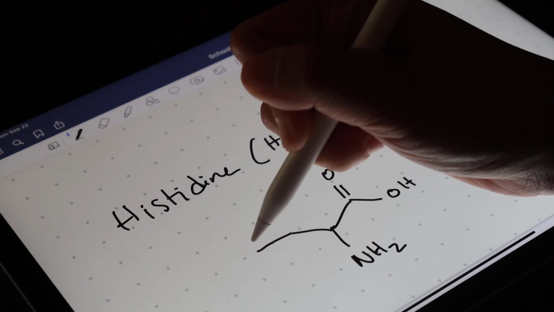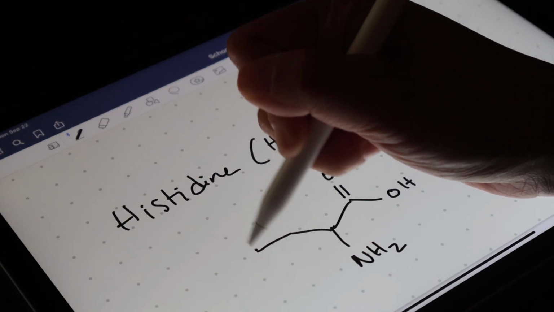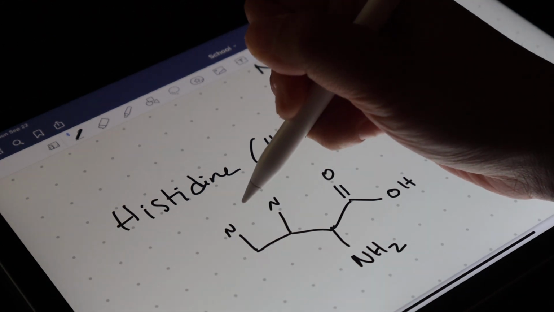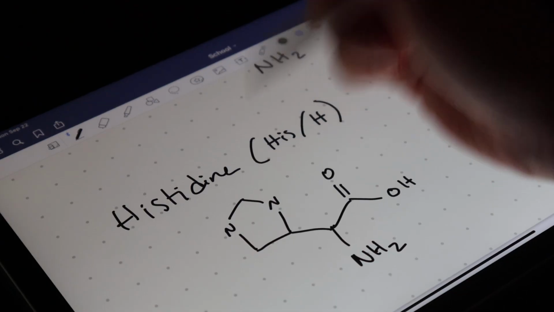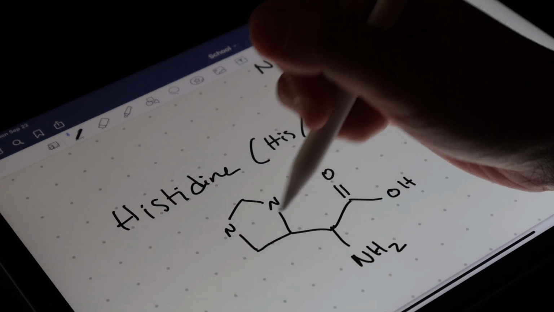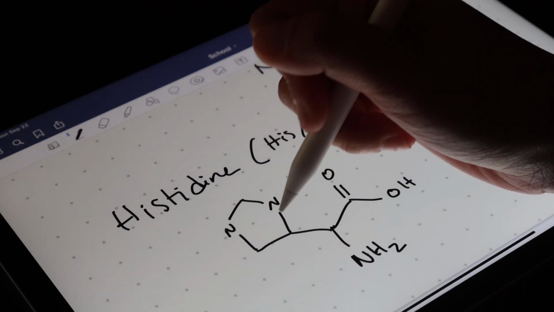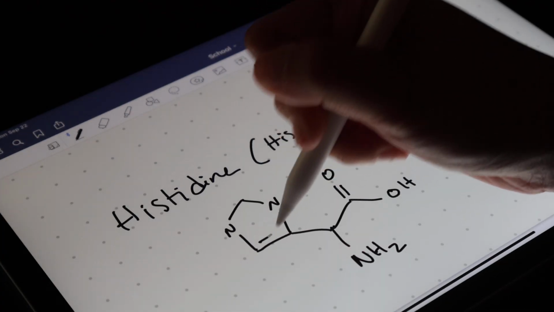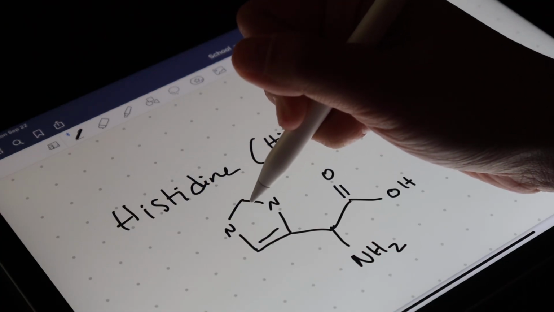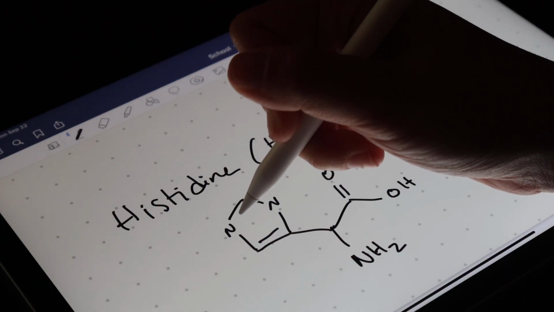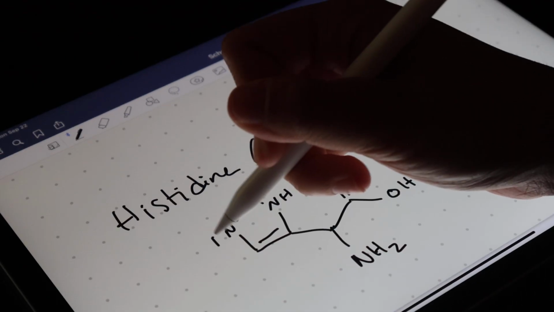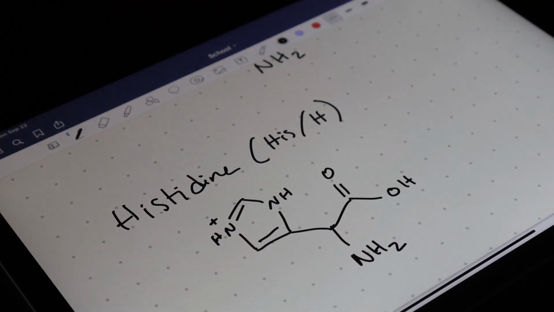I'm gonna go this way with it. Not the best drawing, but we will have a double bond there, and then this one also going to get a double bond, which is going to make it positively charged.